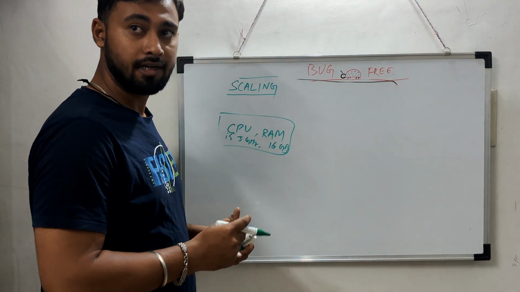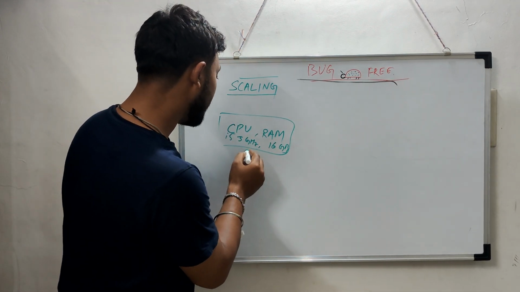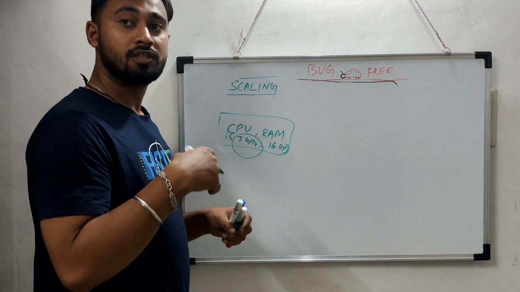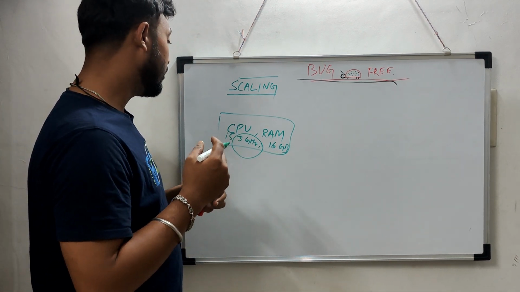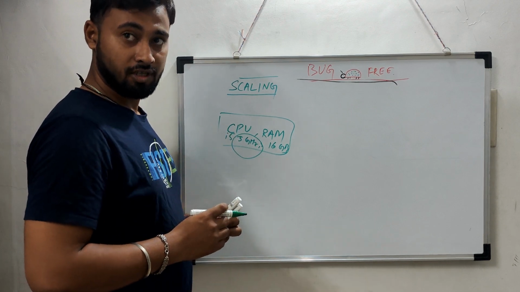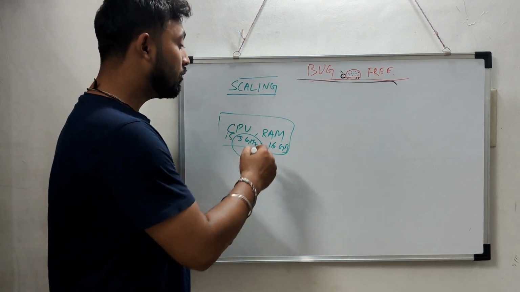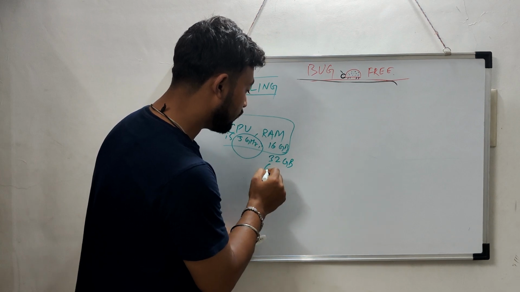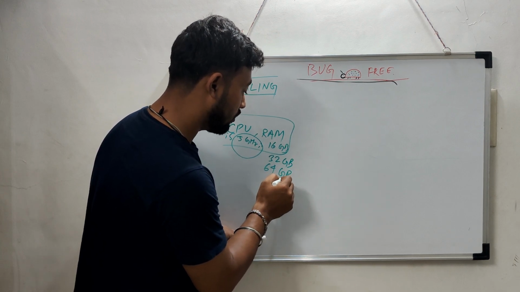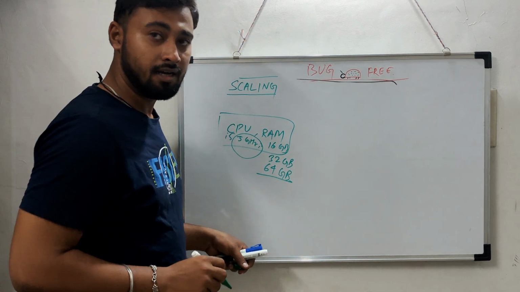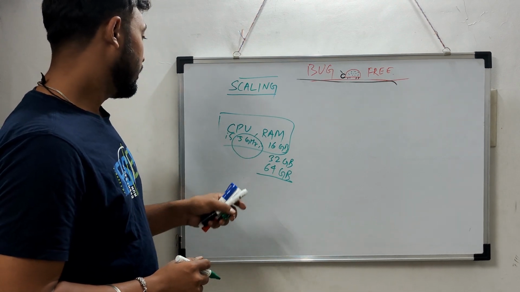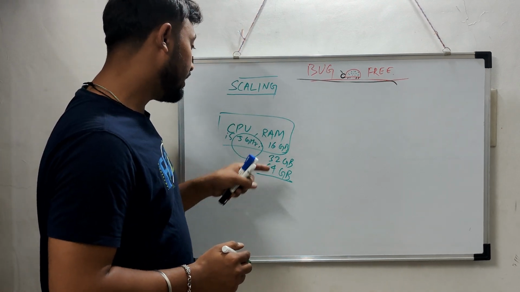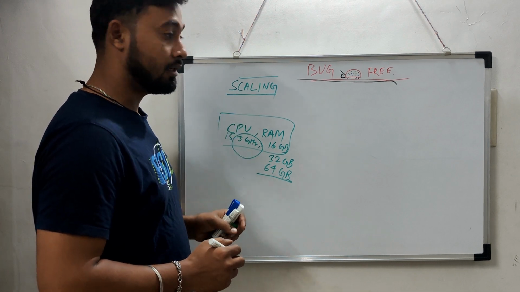The number of cores increases the processing power of the CPU. Also, the memory size you can increase to 32 GB, 64 GB, in powers of 2. This is one way of increasing the processing power. This is an example of upscaling.